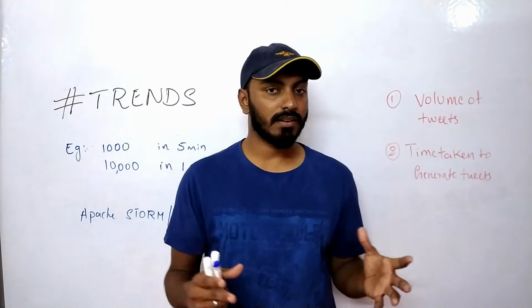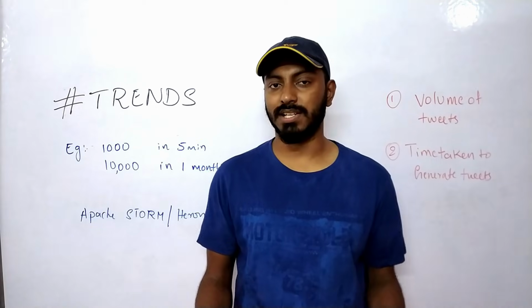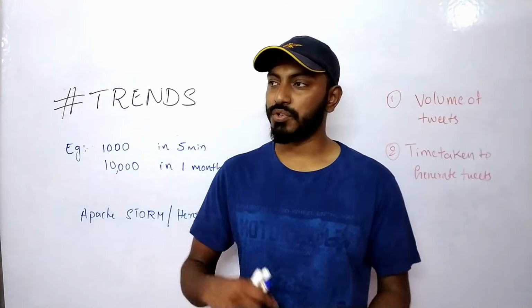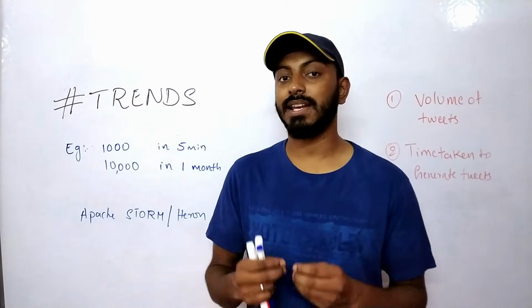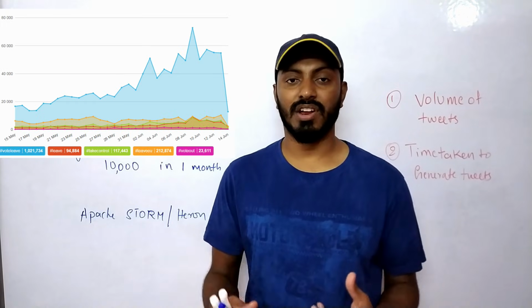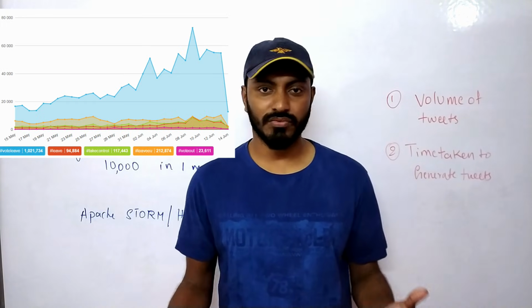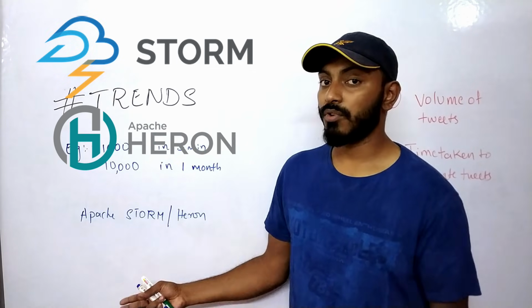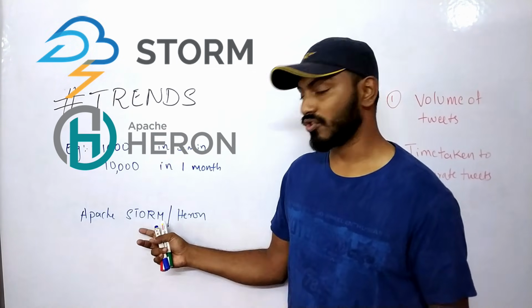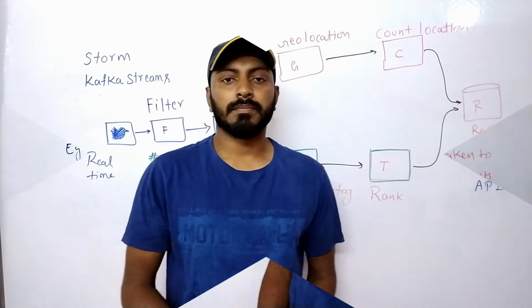How does Twitter process that kind of data? Obviously, it needs to go through each and every tweet which has been tweeted on the platform and then compute what hashtag is trending. What framework does Twitter use? Twitter uses stream processing frameworks like Apache Storm or Heron.